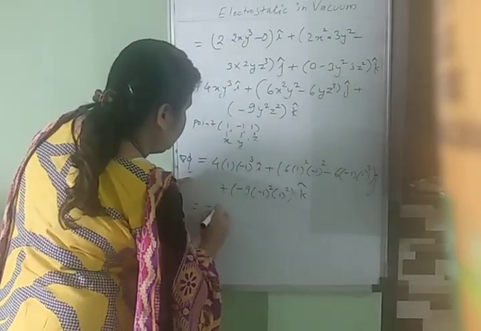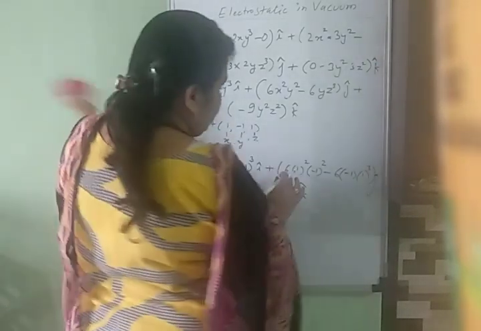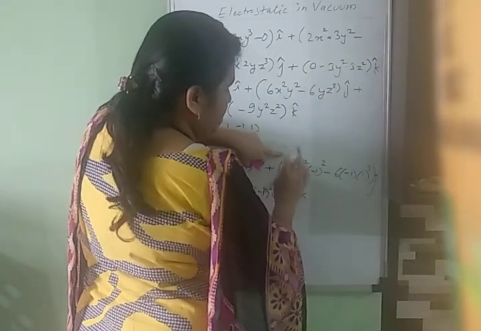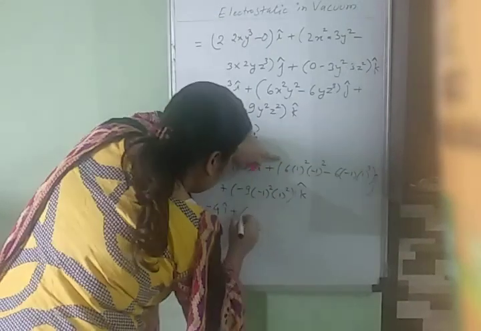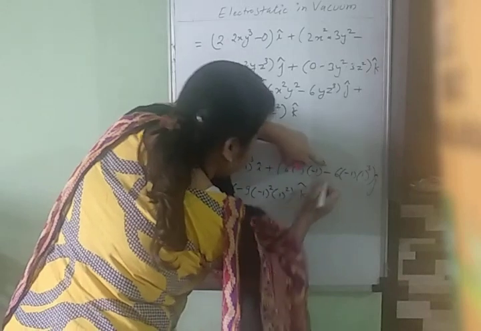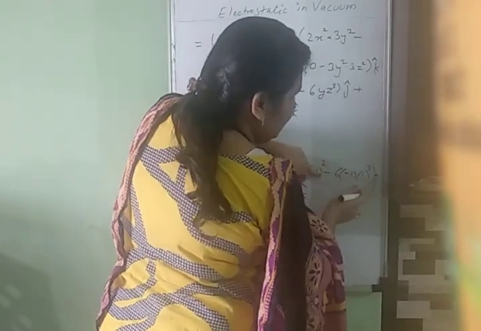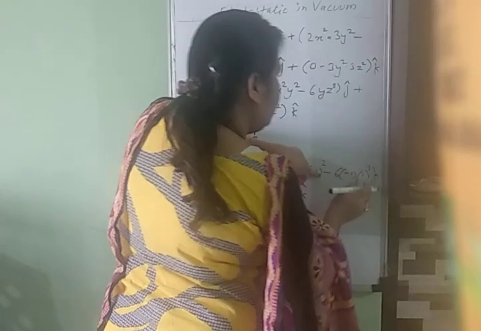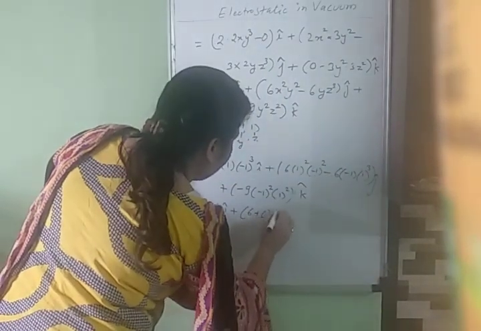The cube of -1 is -1, so the first term is -4i. In the second term, the square of 1 is 1 and the square of -1 is also 1, so it is 6. Minus times minus 1 times 6 is plus 6, and the cube of 1 is again 1, so plus 6 j.